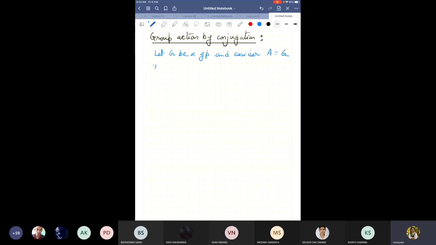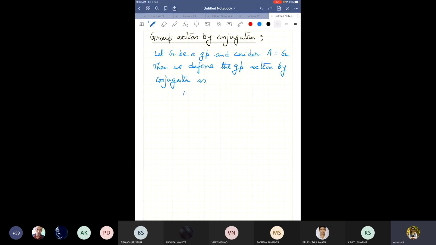Okay. Then we define the group action by conjugation as follows.